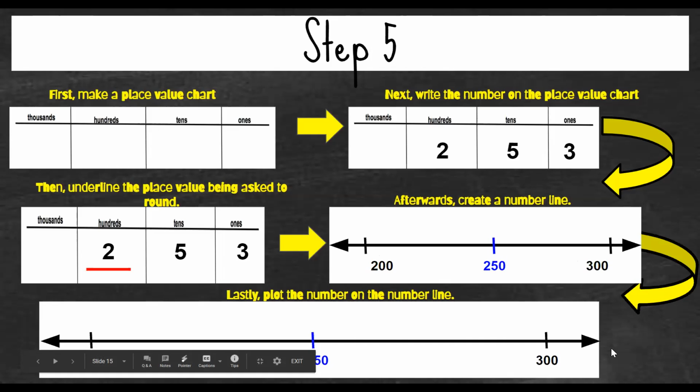So when we plot the numbers on the number line, my question to you would be, okay, 253 rounded to the nearest 100 would be, so where would I put my 253? Between 250 and 300 or between 200 and 250?